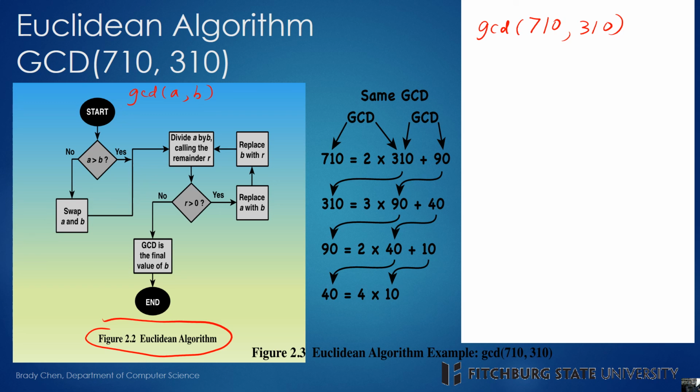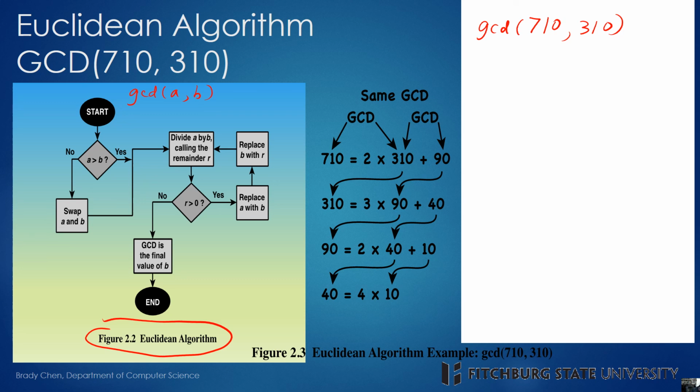If A and B are both positive, we also switch the value of A and B if A is smaller than B. We just want to make sure A is always greater than B. This also won't change the result, because the greatest common divisor of A and B is the same as the greatest common divisor of B and A. It doesn't matter if we switch the position of A and B, but to make it consistent, we always do the switch.